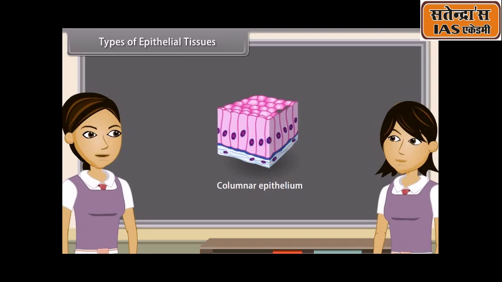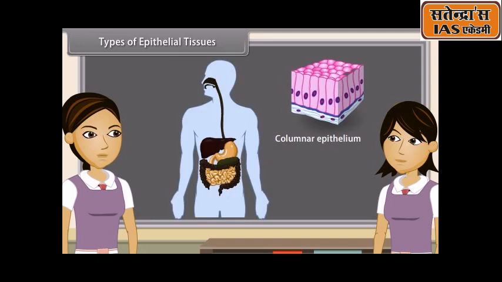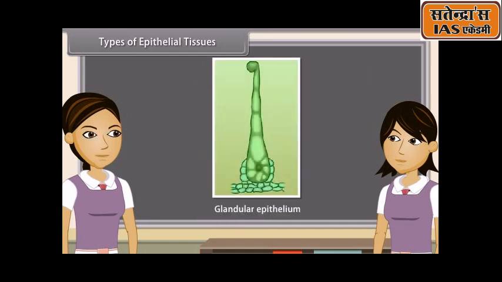Columnar epithelium consists of cells which are pillar-like in appearance because they are taller than broader. Their nuclei are at the base. It is found in the lining of stomach, small intestine, colon, gallbladder, and oviducts forming mucous membrane. The columnar epithelium is sometimes modified to form glands which secrete certain chemicals and it is thus converted into glandular epithelium.